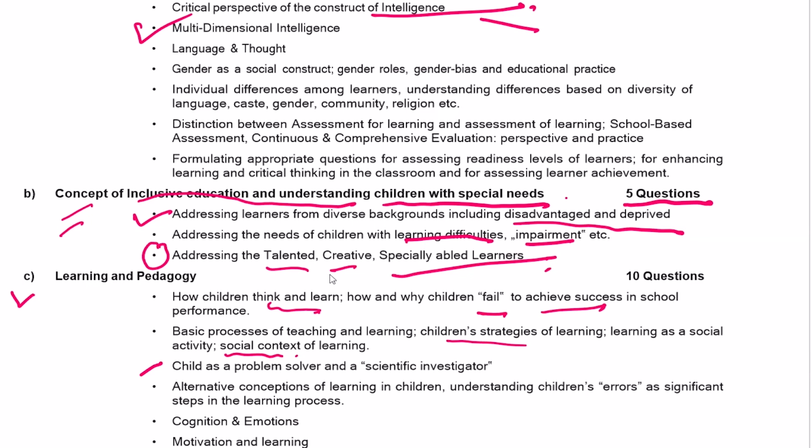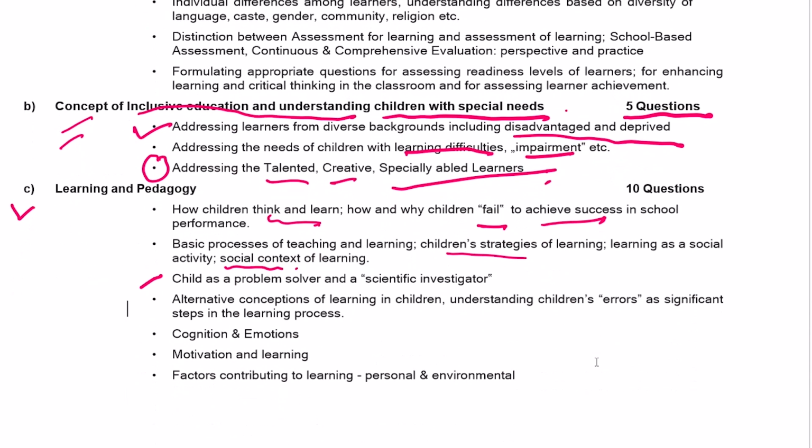Now alternative conceptions of learning in children, understanding children's errors as a significant step. Very important. You have to understand that when a child makes a mistake, it is the stepping stone towards learning. So all these concepts we have to study in detail.